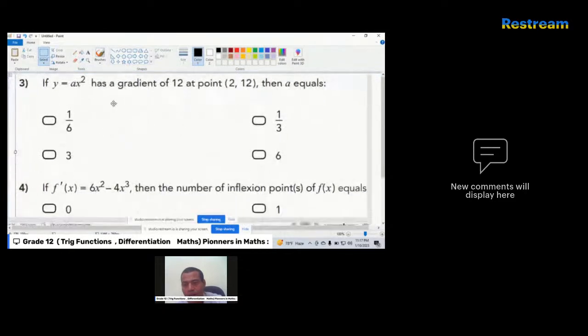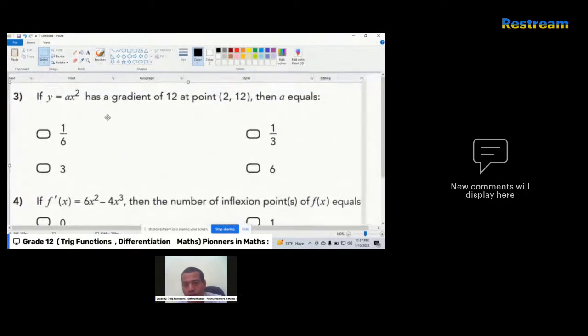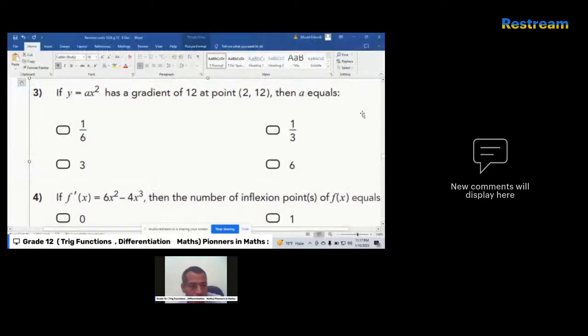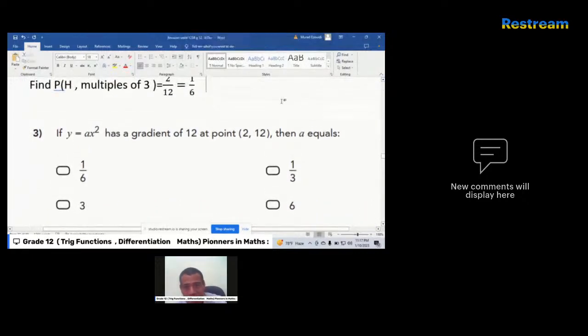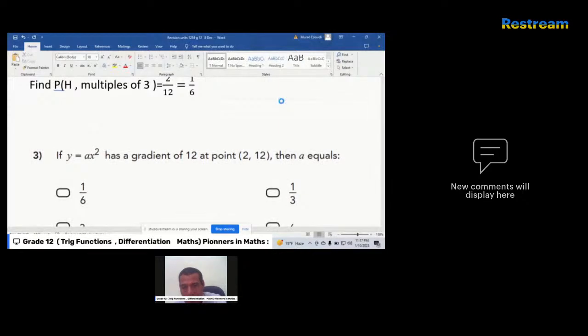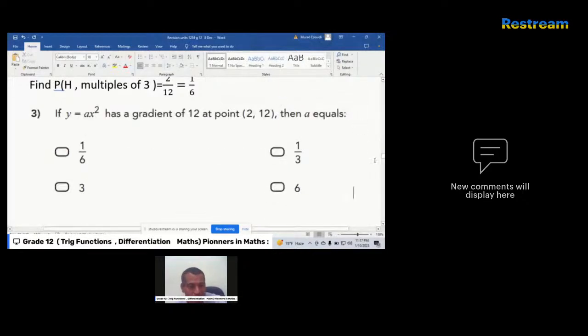I want to cut this. This is the question. Now I am going to change this by that. But first of all, I want to write it here. This is the second question.